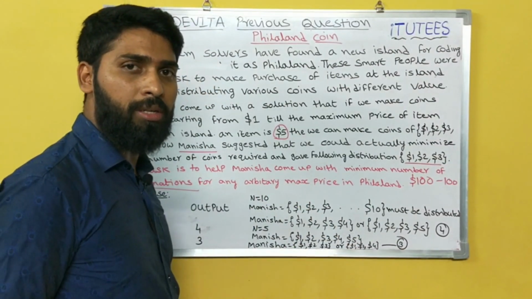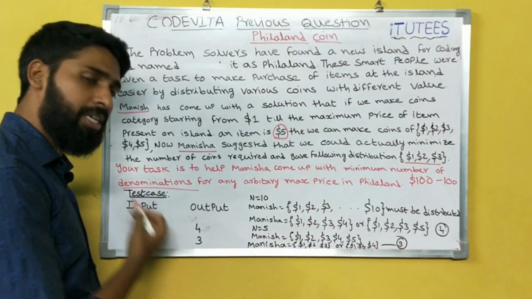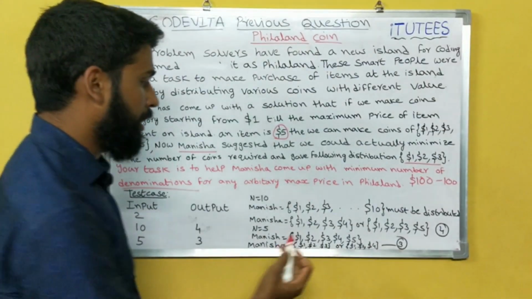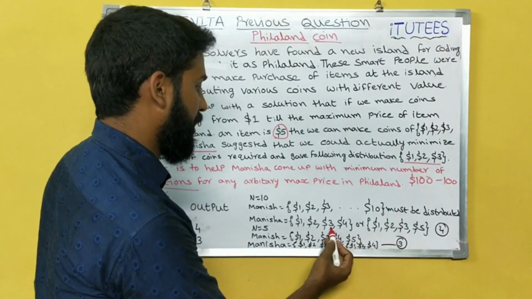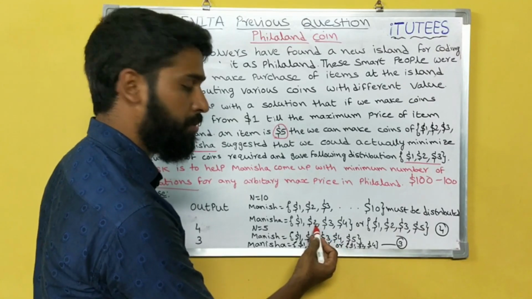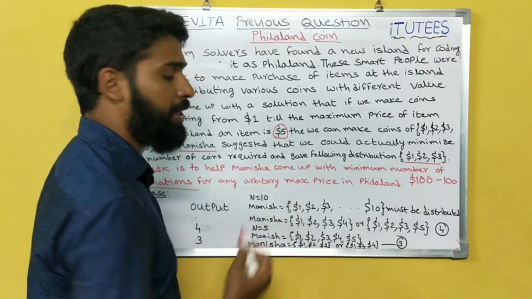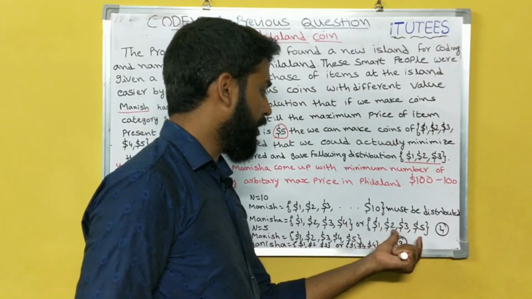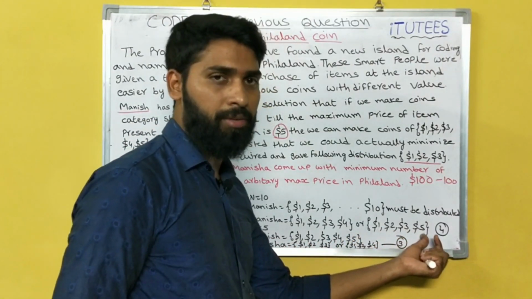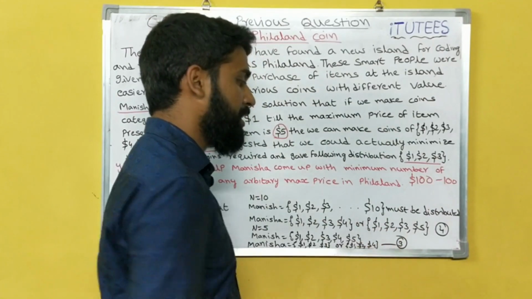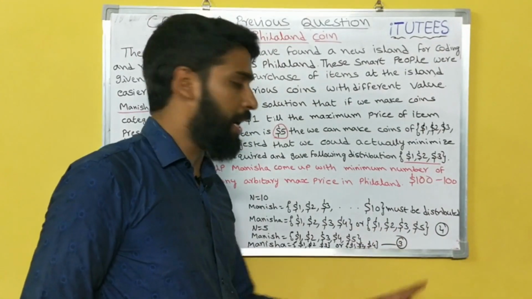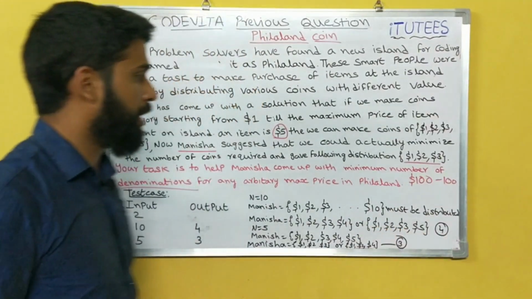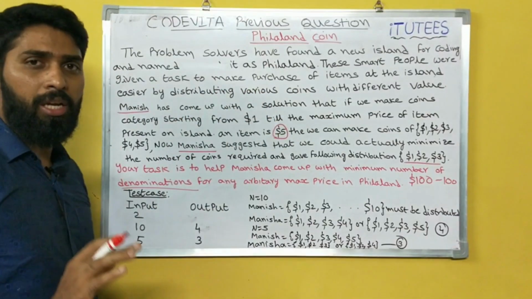These 4 coins are enough to purchase a $10 item. How? He can give 4 plus 3 is 7, 7 plus 2 is 9, 9 plus 1 is 10. Another way is $1, $2, $3, $5. In both cases the number is reduced to 4. I hope you all understand the problem.